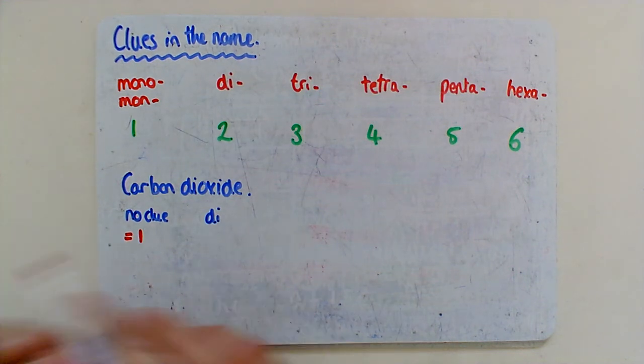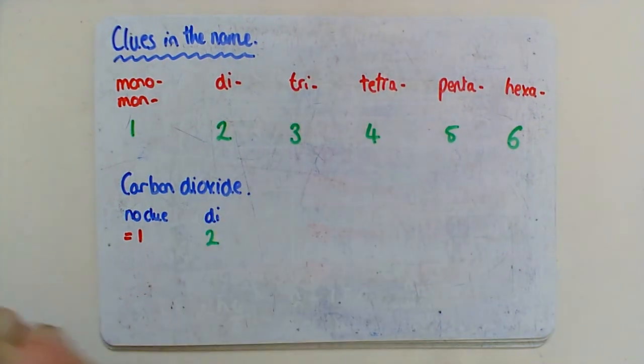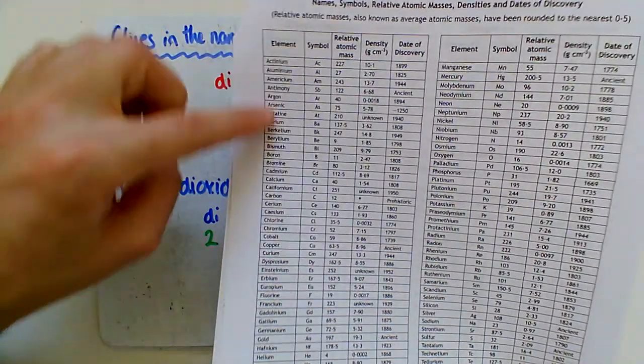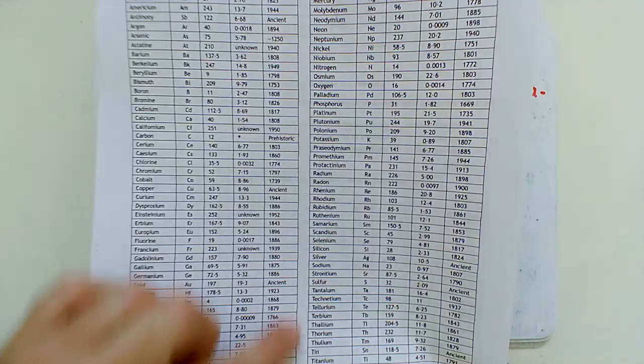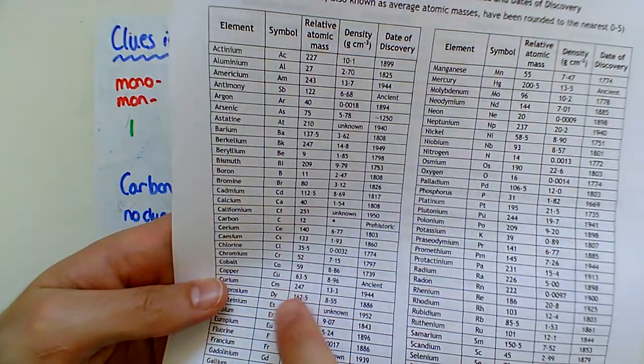And di, we know, equals 2. Then you use your data booklet, page 7, which has a list of all the elements down the side, and the next column is the symbol.